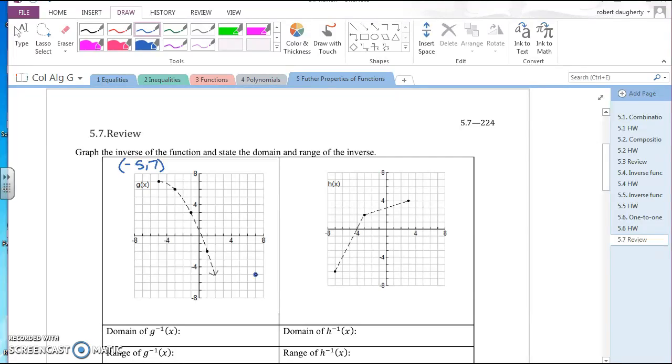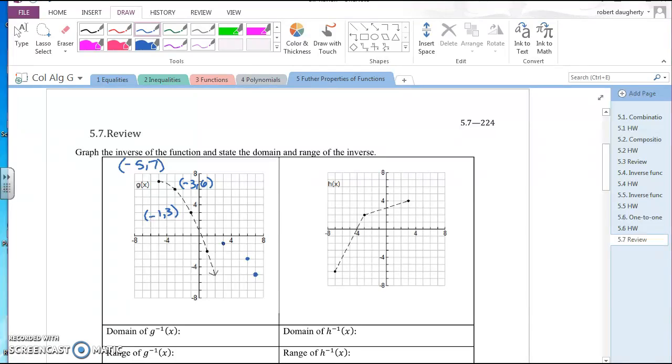The next point I see is what? Negative 3, 6. So I'm going to need 6, negative 3. So 6, negative 3 is right here. And then I see negative 1, 3. The inverse will have 3, negative 1.